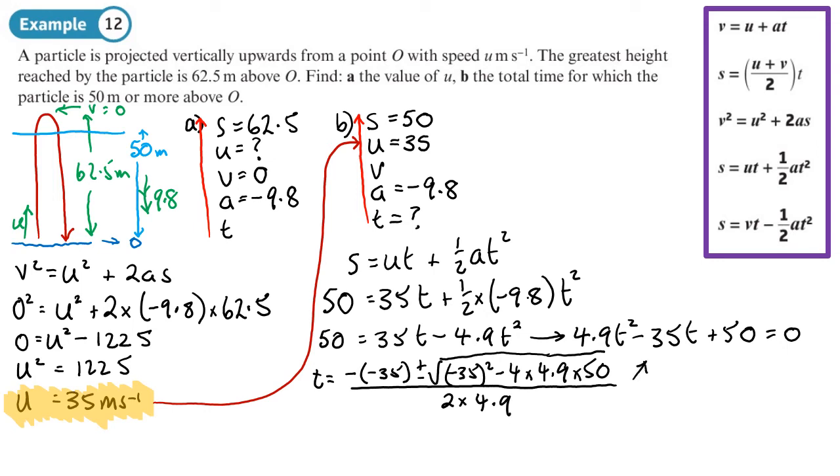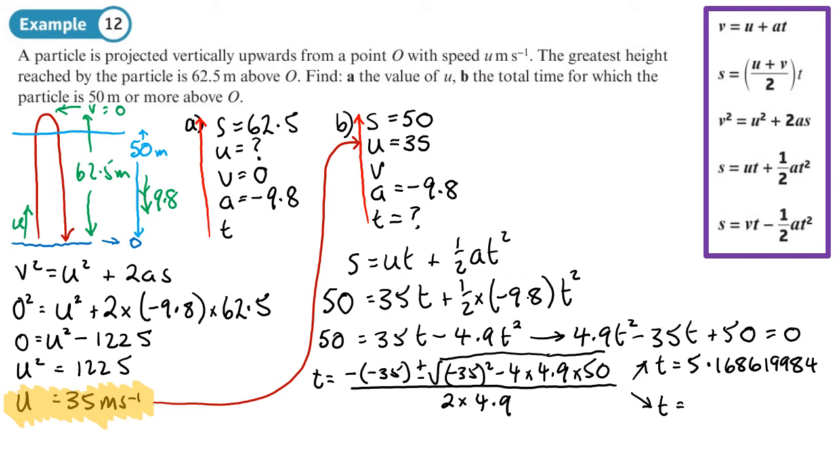Right, so the values of T we get, so one is 5.16861994, and the other value of T, if I just go back to my quadratic I've got here, remember you can use your calculator to solve this if you want.